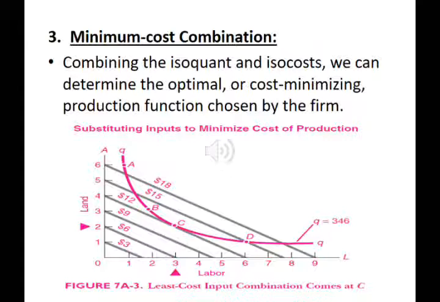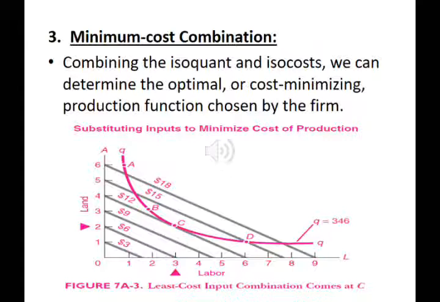So we're going to put these 2 ingredients together on one graph, and this should help us reach the producer equilibrium or the firm equilibrium point, which will be the least costly production function. So combining the isoquant of the firm and the different isocosts that our firm could be facing, we can determine the optimal or cost minimizing production function chosen by the firm.